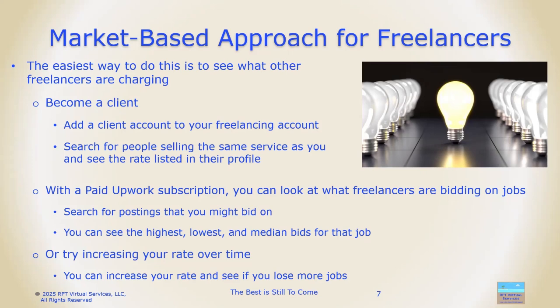Another way to do it is to look on specific jobs. With a paid Upwork subscription, you can look at what freelancers are bidding on the jobs. So you search for postings that you might bid on, and then look at the highest, lowest, and median bids for that job.